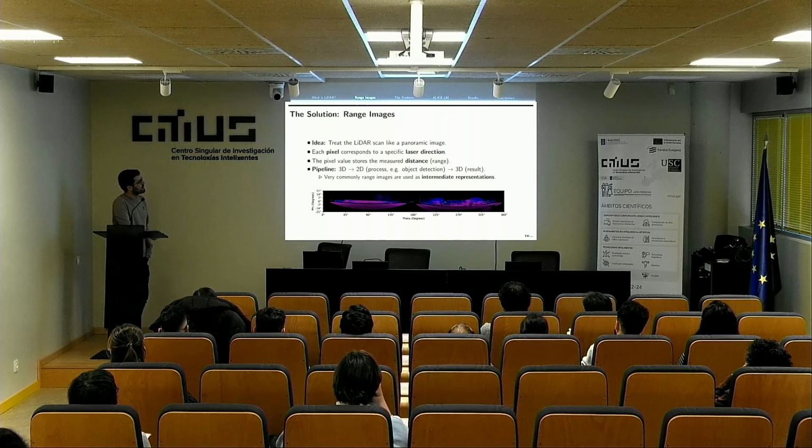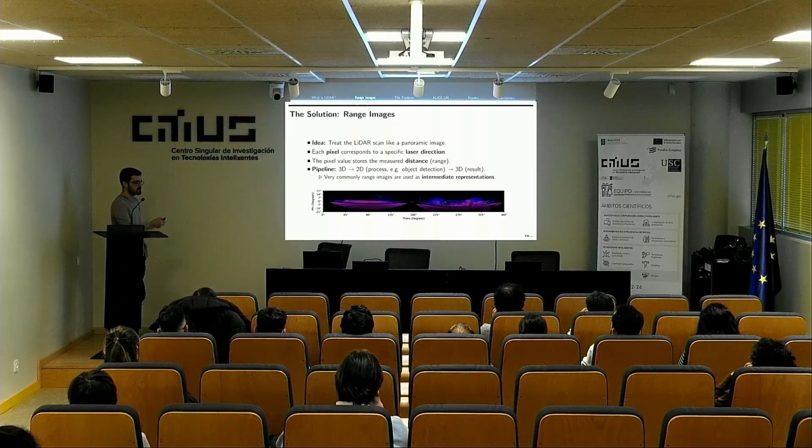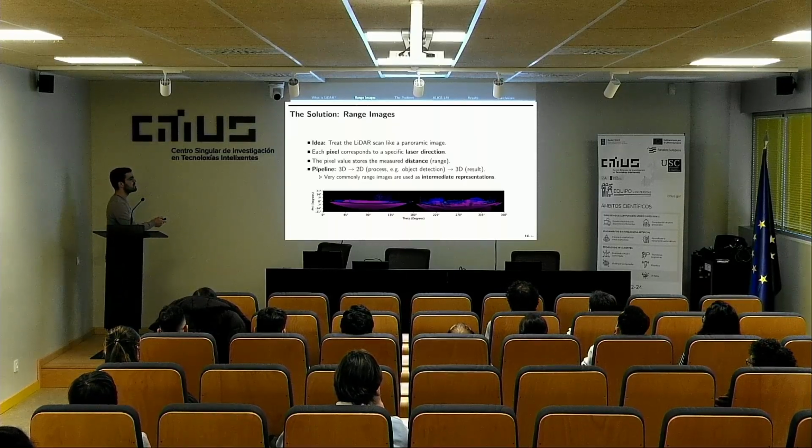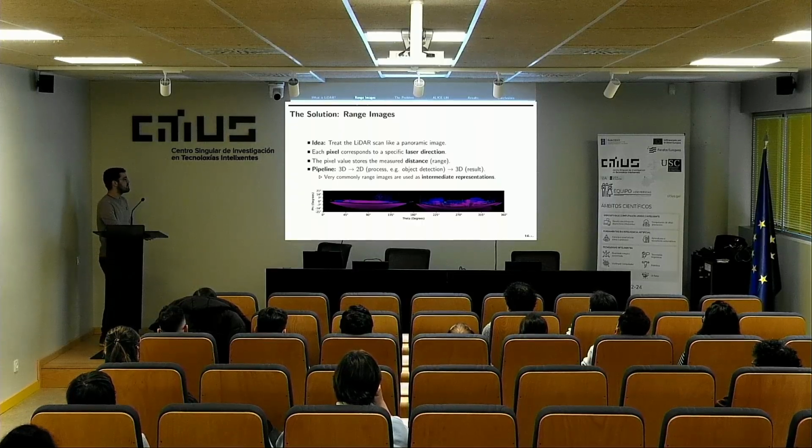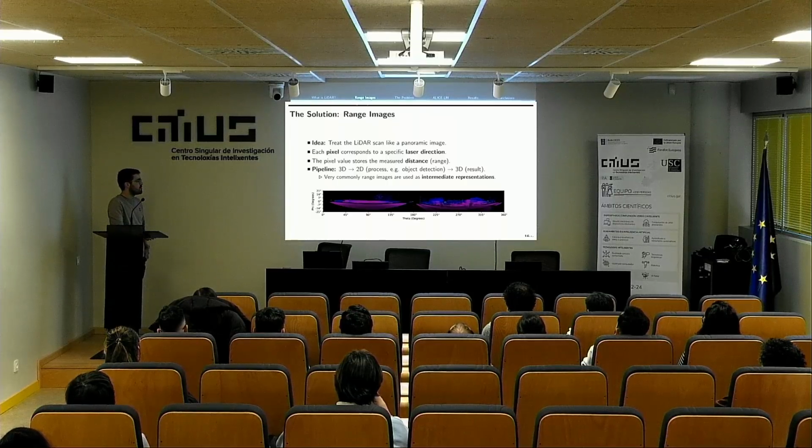And so the typical pipeline when using this is, well, first we start with the 3D point cloud because that's what the sensor provides. We have just seen that. As I said, since processing this directly is computationally heavy, what we do is that we project it to 2D, and we get this image. And then here we perform whatever we want to do. Like maybe here we want to detect pedestrians, we detect them in this image instead of working in 3D space, which is more computationally heavy. So we perform our task here, like the object detection or whatever.